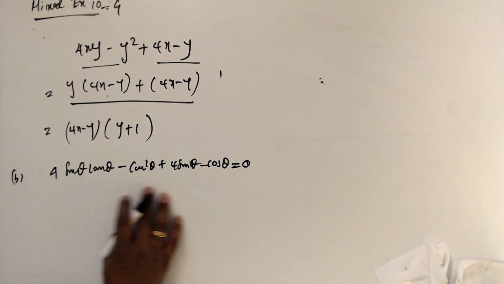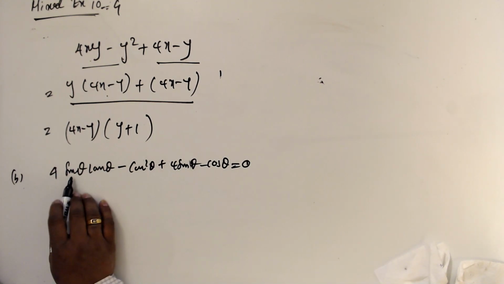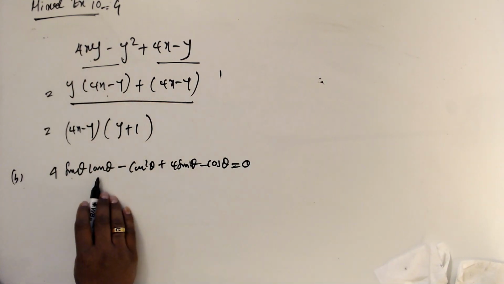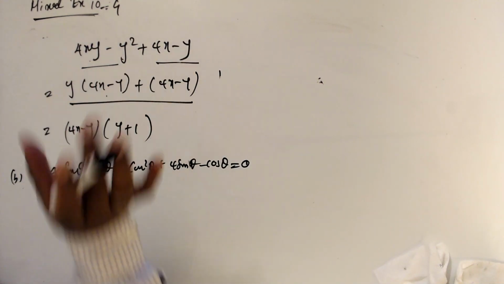Now I want to solve this equation. If I take sine theta as x and cos theta as y, then this is y squared and it exactly matches this one.